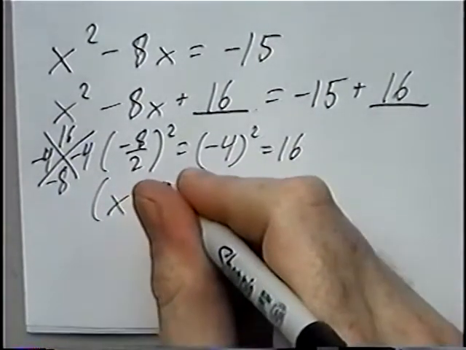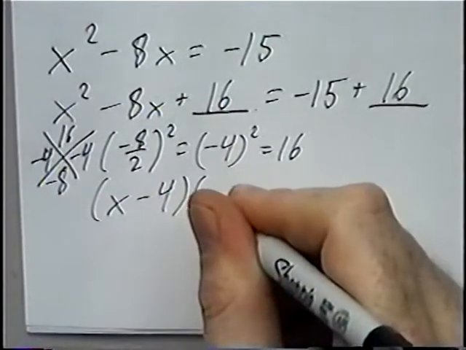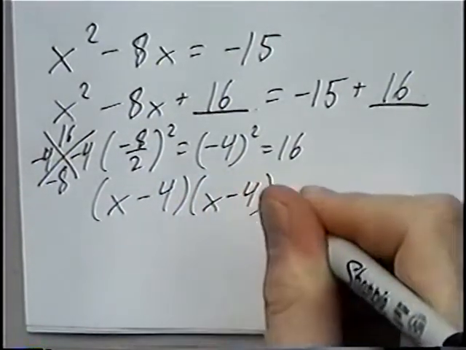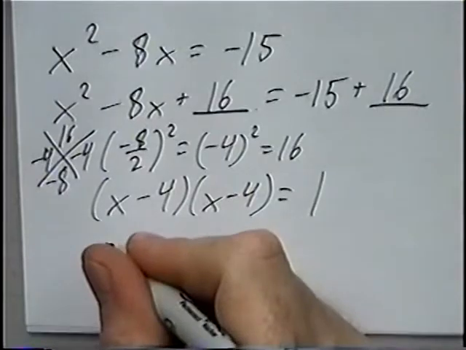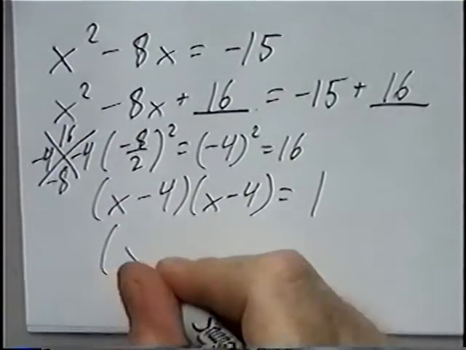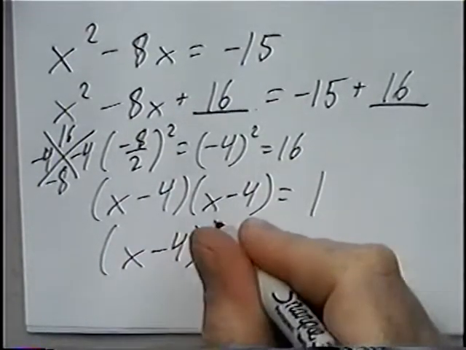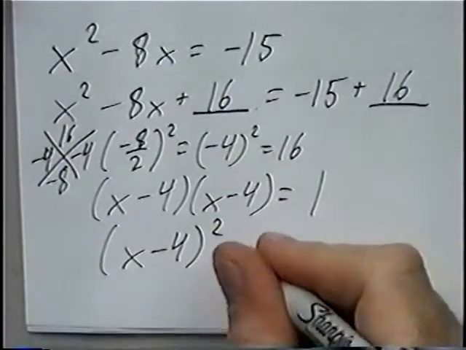Rewriting the polynomial, we have x minus 4 and x minus 4 equals negative 15 plus 16, which is 1. Simplifying, we can rewrite as x minus 4 squared equals 1.